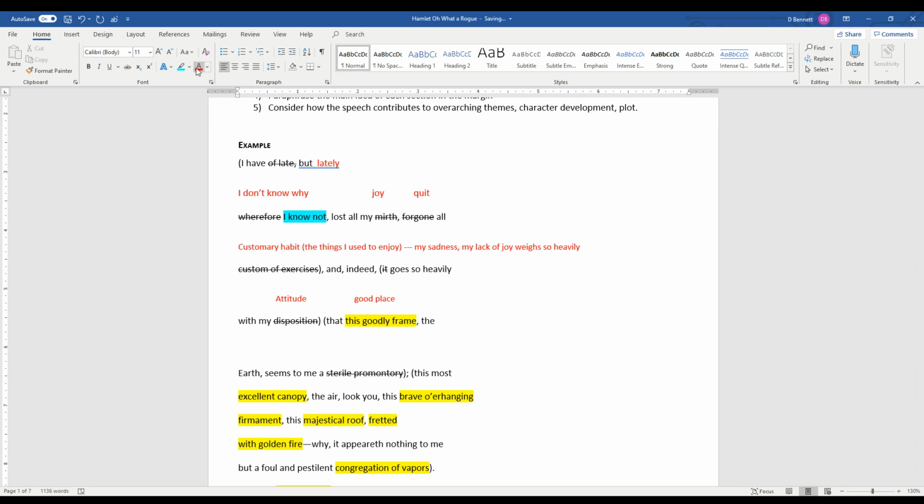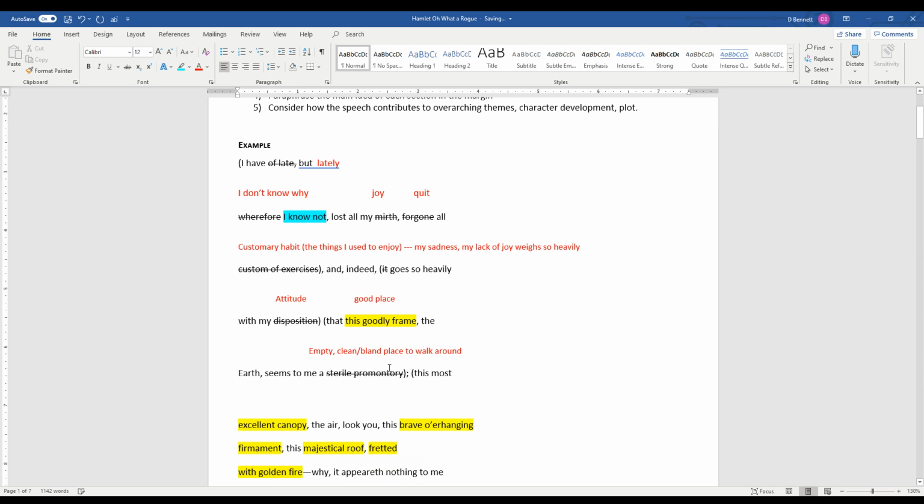Yes, there is actually one word that means a place where you walk around. And so sterile means like empty or like really clean or bland. A place to walk around is what promontory means. The earth seems to me a really empty, bland place to walk around.